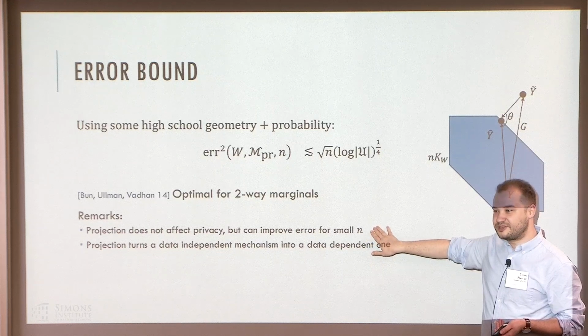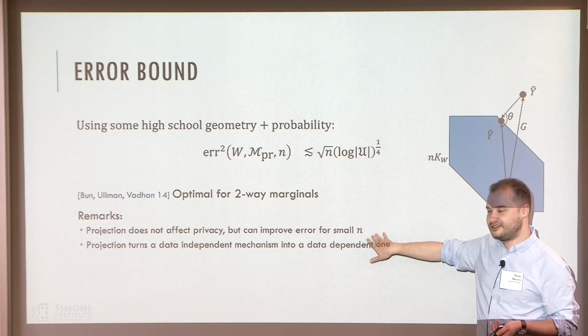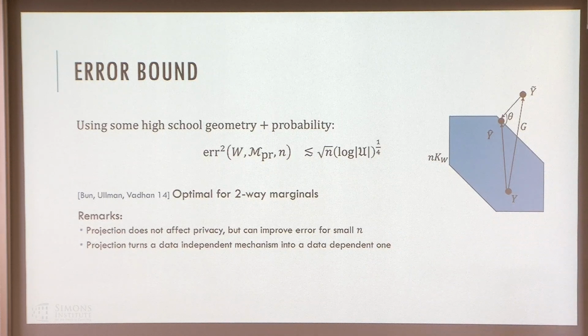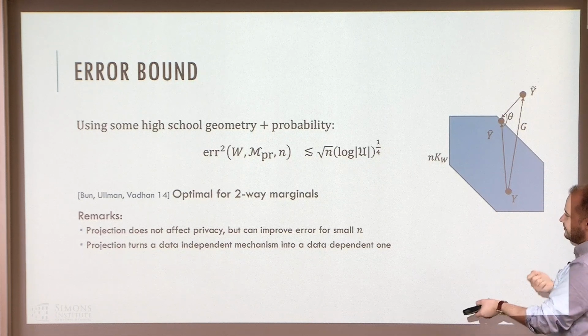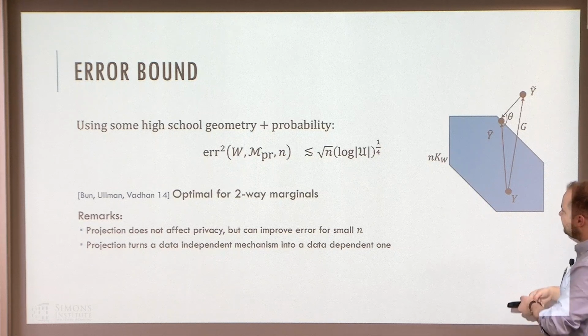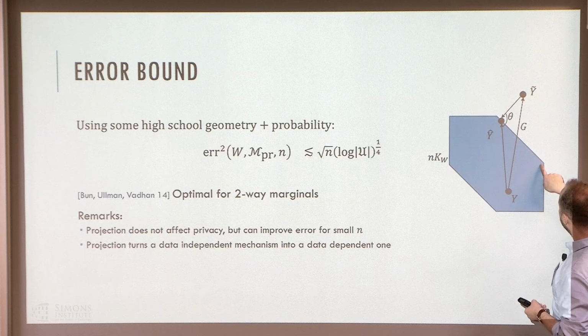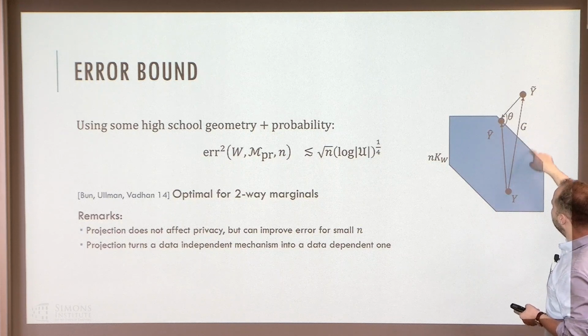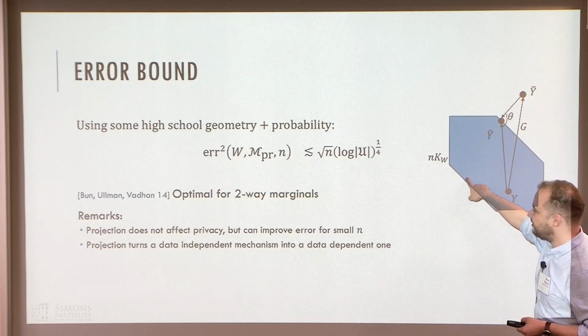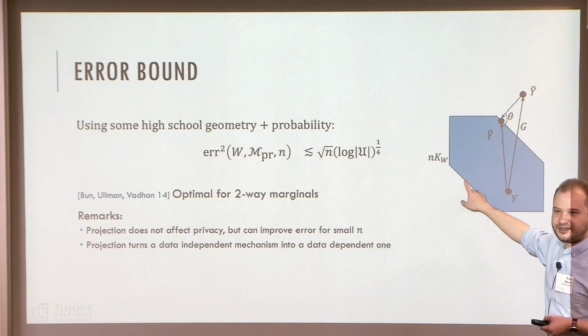So the error never becomes worse and can sometimes improve a lot. And the other thing I want to say is this post-processing turns a data-independent mechanism, it was just the Gaussian noise mechanism, into something that is data-dependent, because if I start from here, add noise and project, this will be a different distribution than if I start from there, add noise and project.